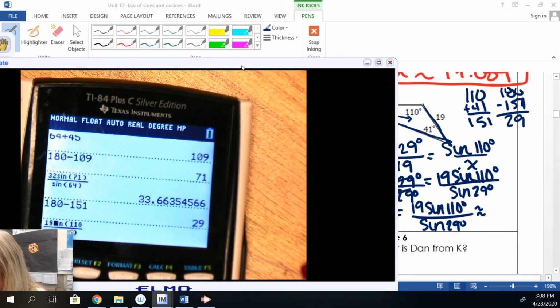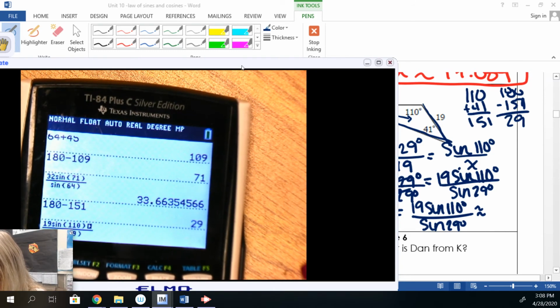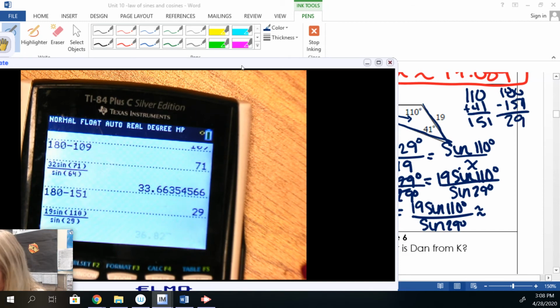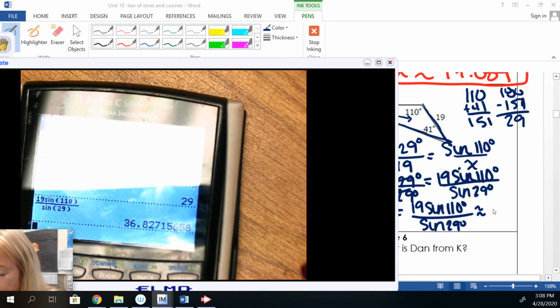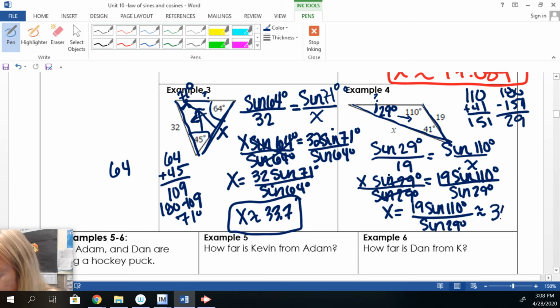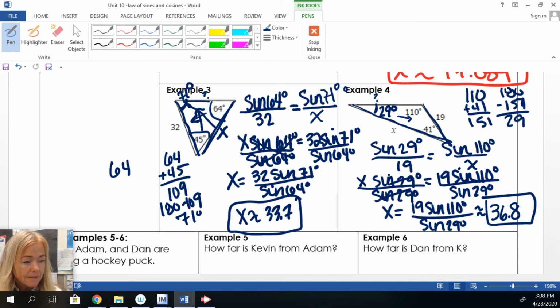So 19 sine 110 divided by sine 29 is 36.83. So I think we're doing partials. 36.8, just to 1 decimal place.